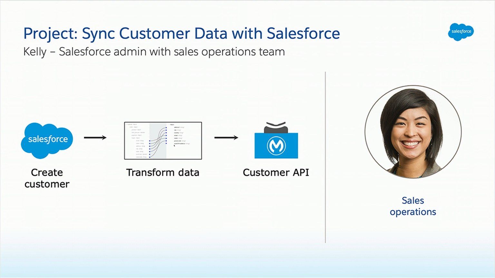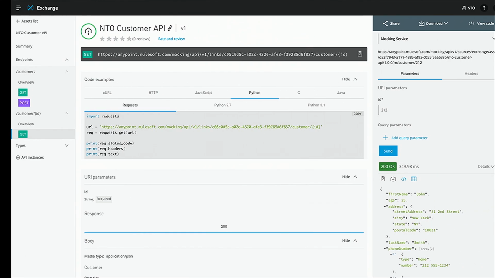And now that Marty has published this customer API onto Exchange, she doesn't have to add it to the database herself. She's just going to post it to the API. So instead of using Studio, she's going to use Anypoint Flow Designer, which is the lightweight web-based IDE, again, for building these kinds of integrations. So let's see how she does that.